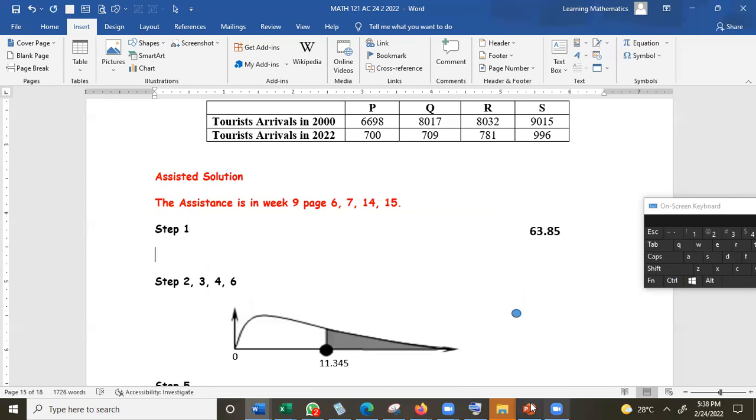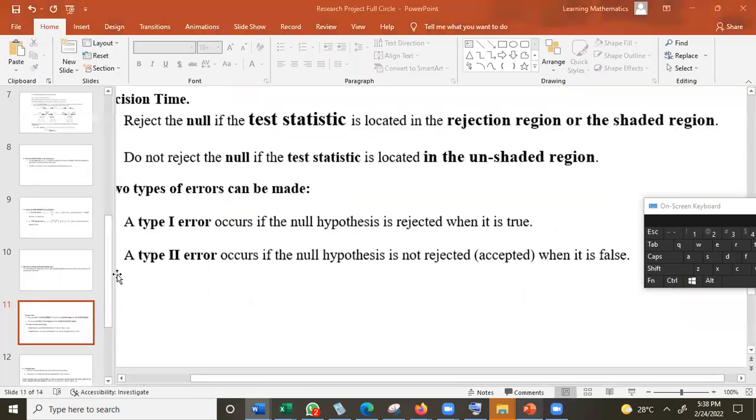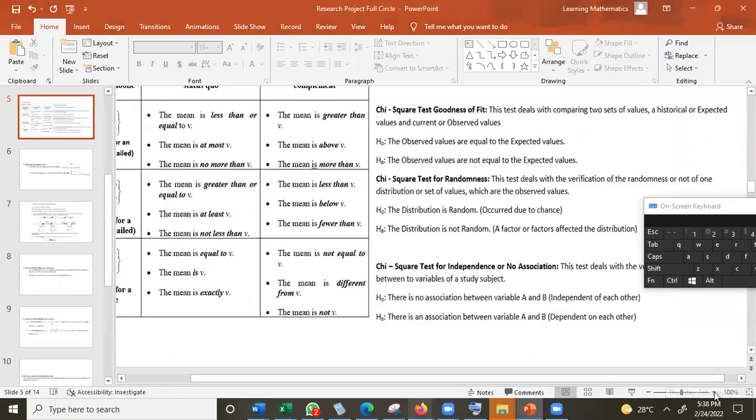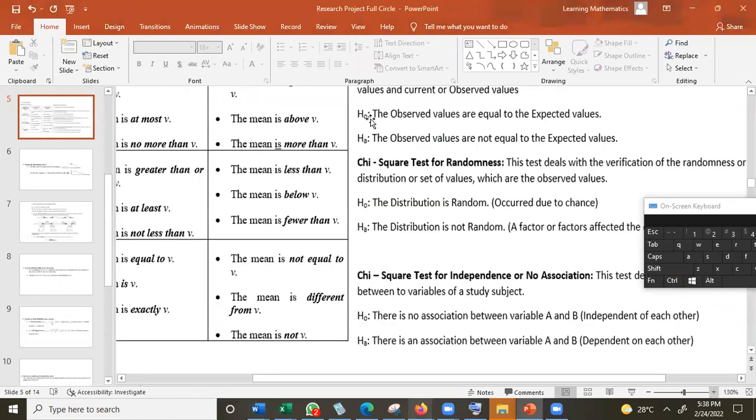Since we are on a chi-square test for variation, this will be our pair of hypotheses.